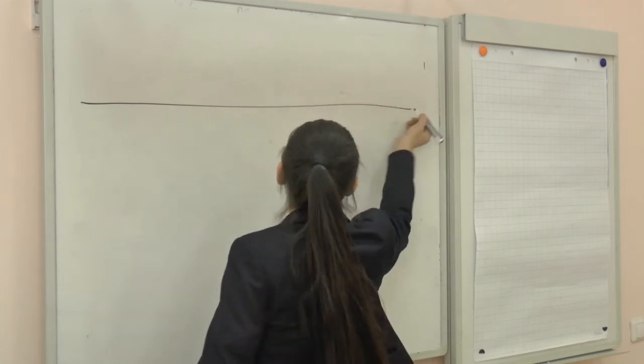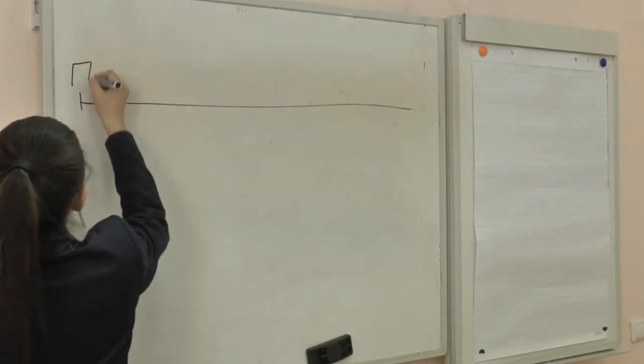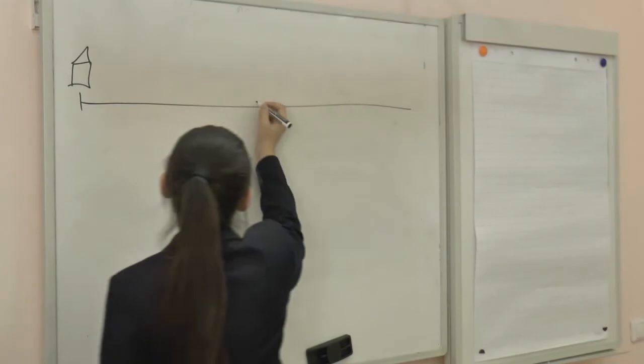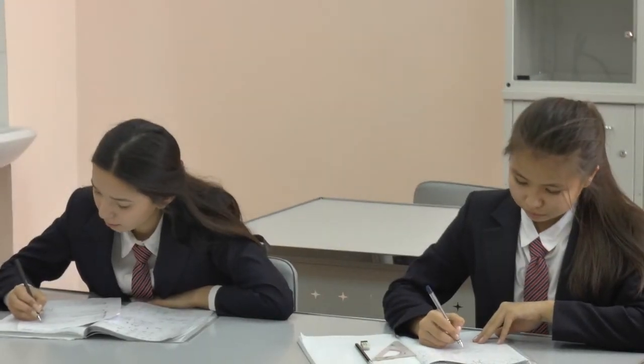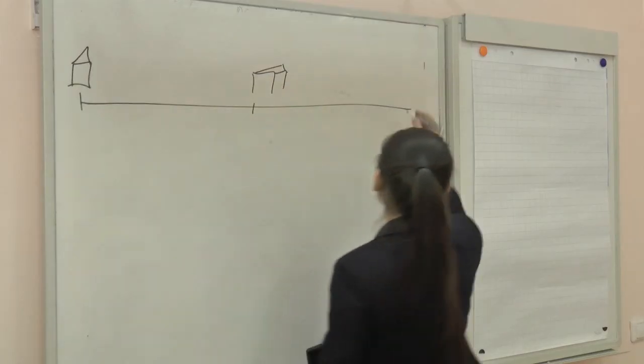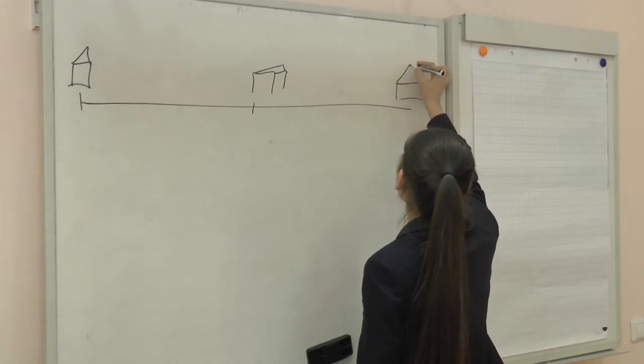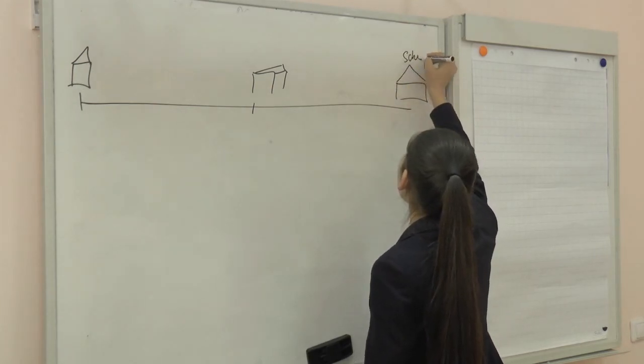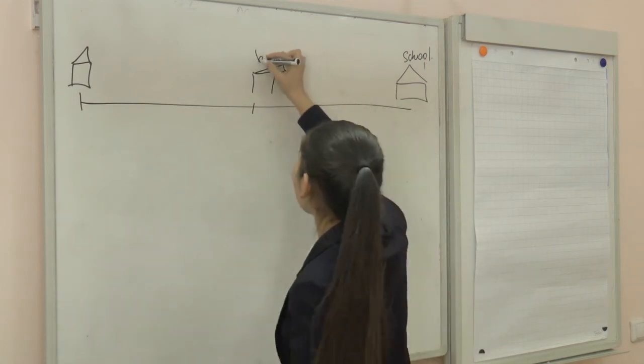Let's draw a map. So this is my home. This is the bus stop. And this is our school. This is the bus stop.